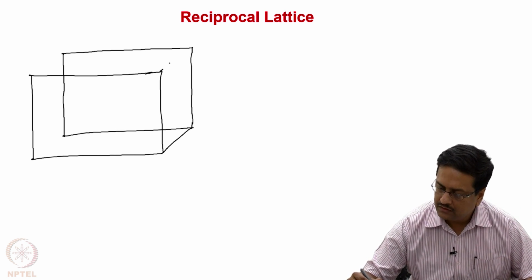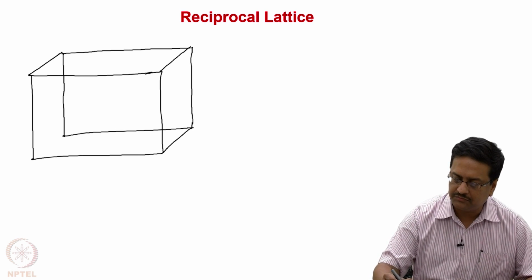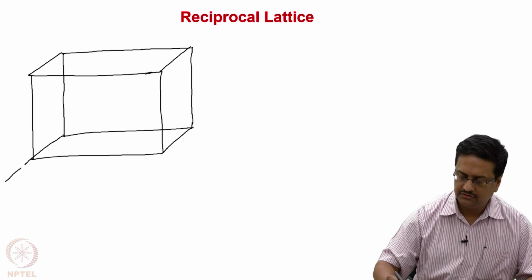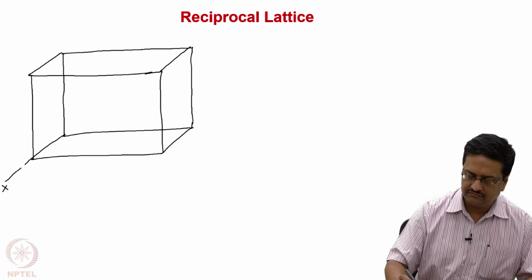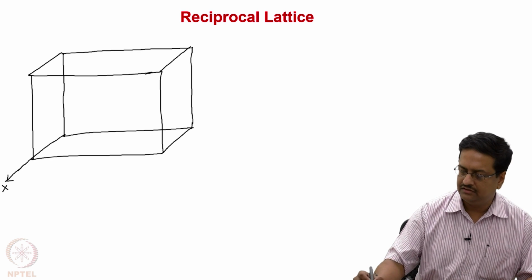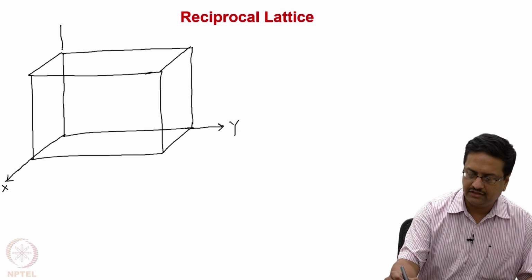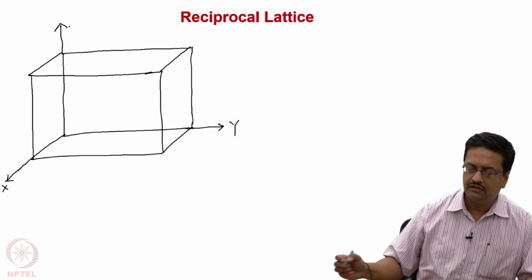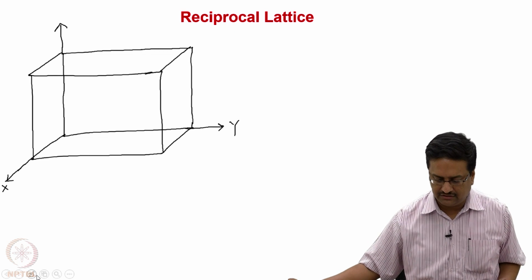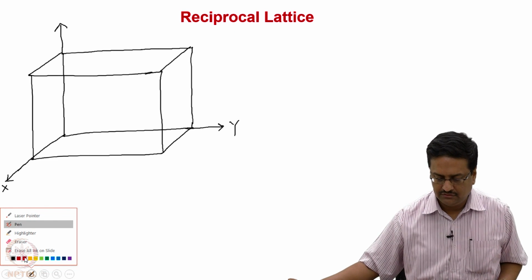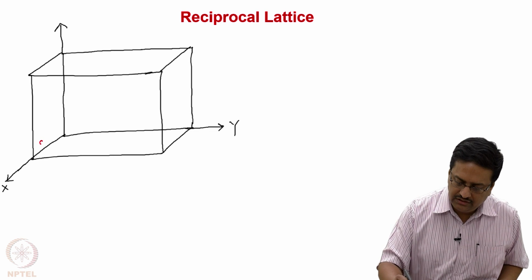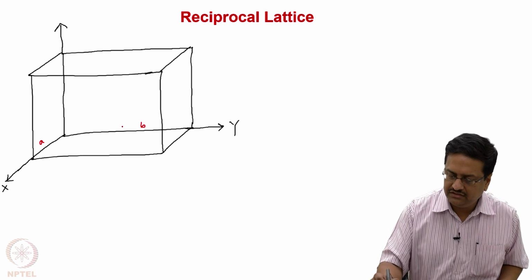So, this is the orthorhombic lattice with x pointing this way, y pointing here and z pointing upwards. The edge lengths are A, B and C.